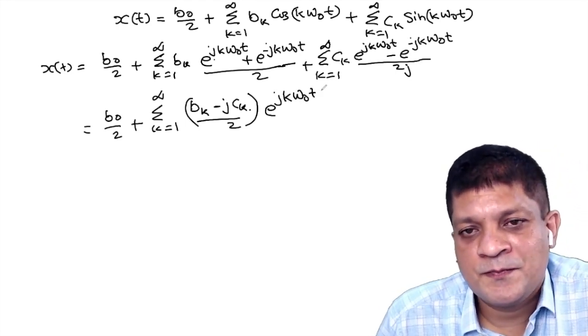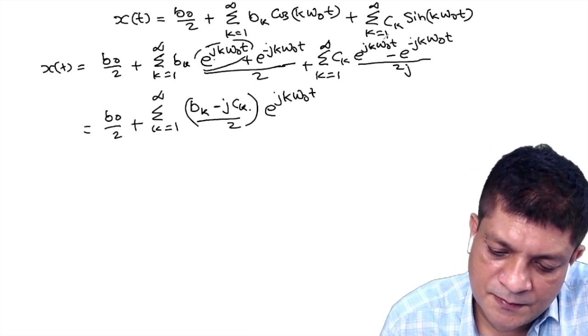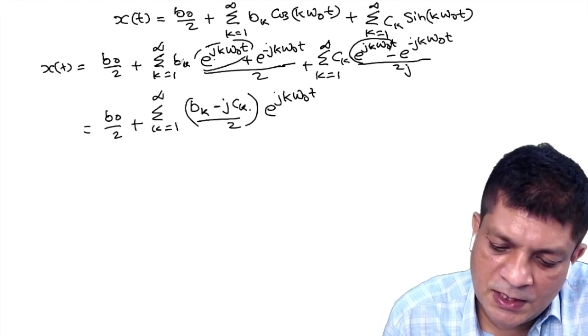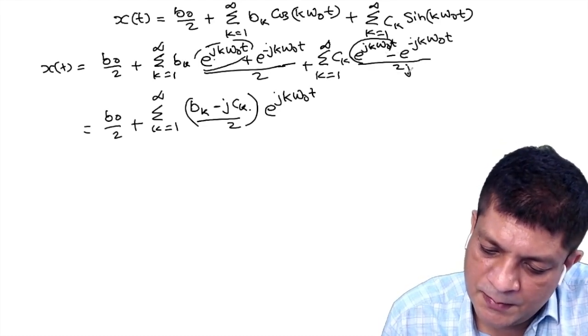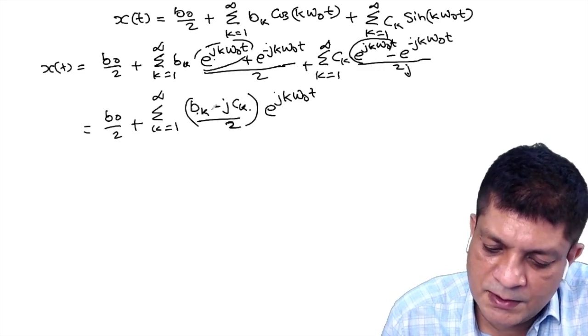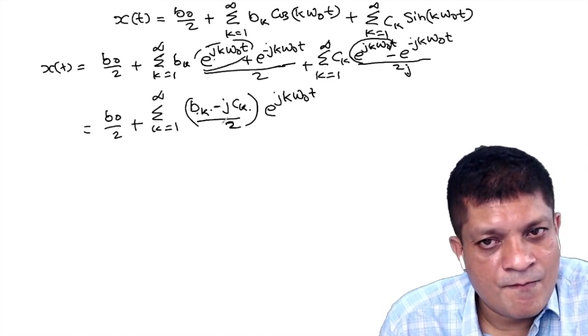I am taking the terms containing these two terms, combining these two. So it is b_k plus there is 1 by 2j. So if you write it, we can write it as b_k minus j c_k by 2. Is it okay?